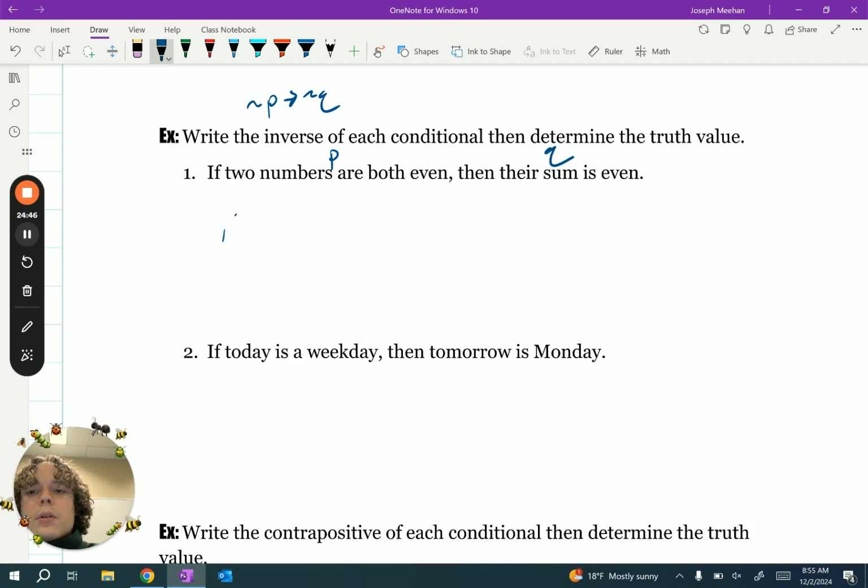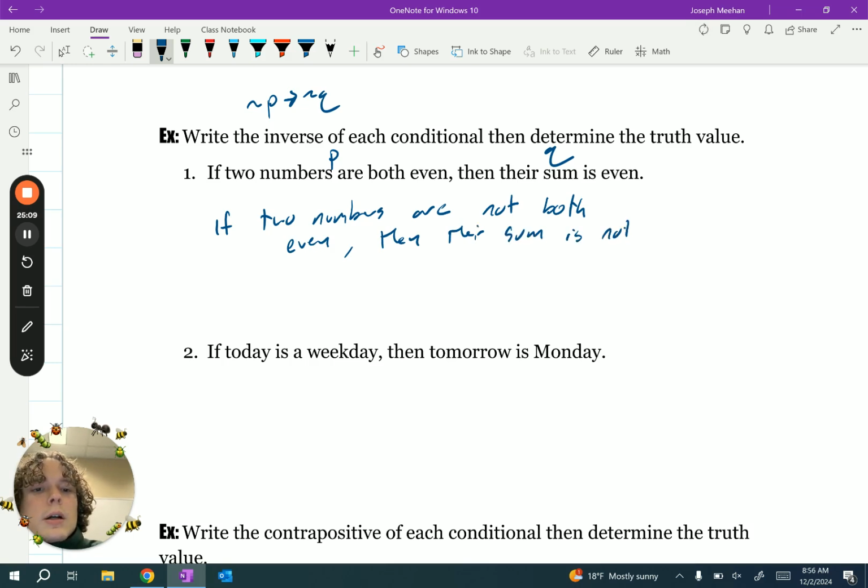So what we're going to write now is, let's say, if 2 numbers are not both even, then their sum is not even.